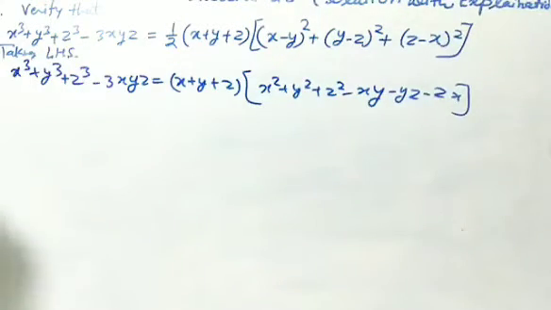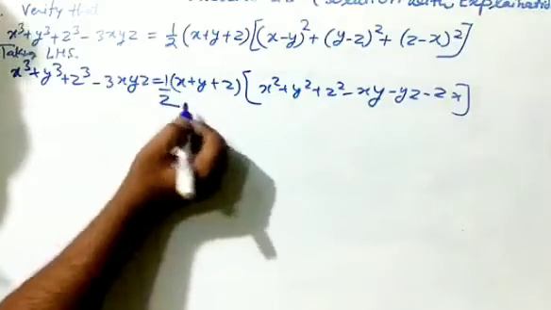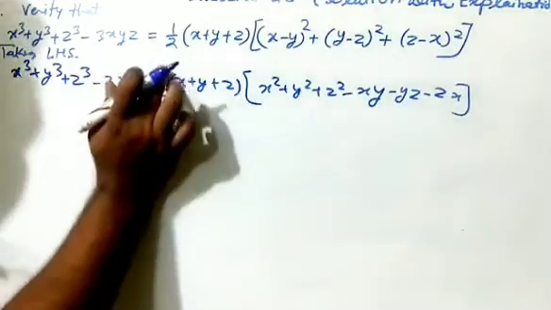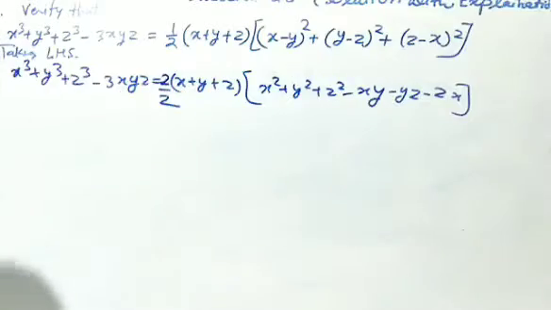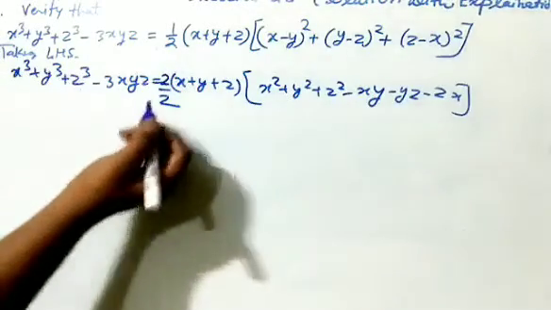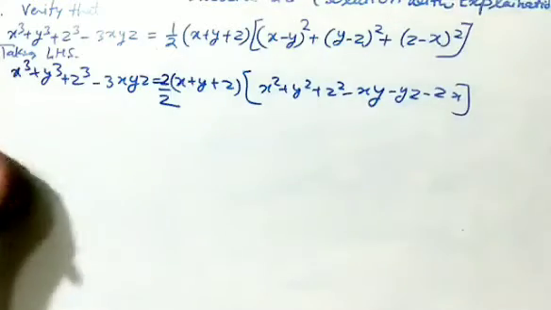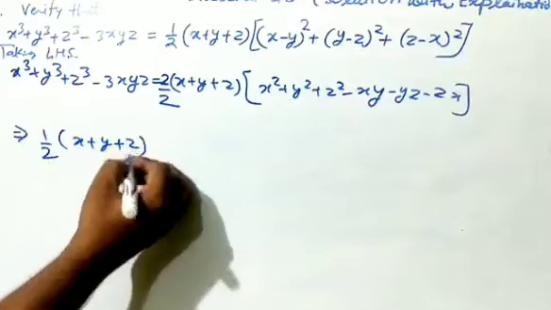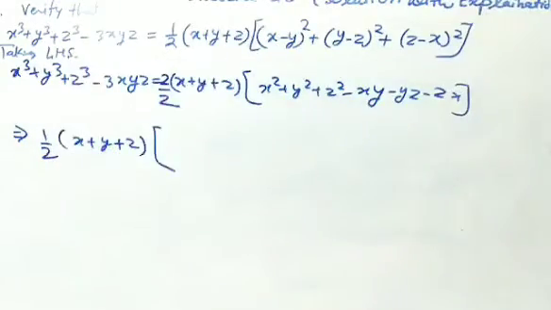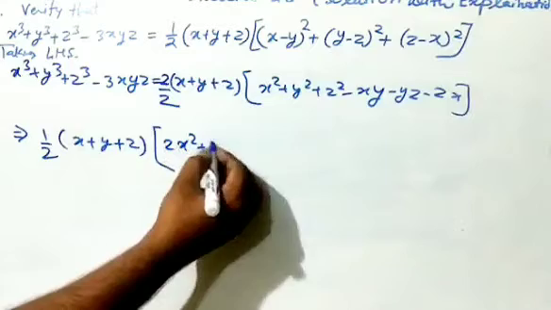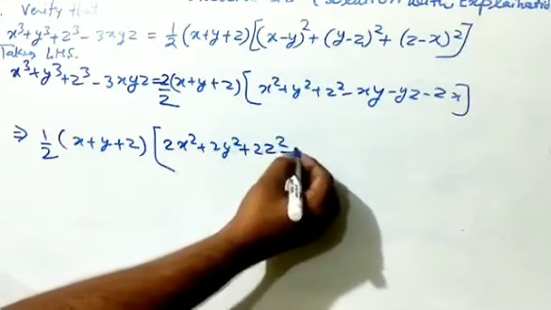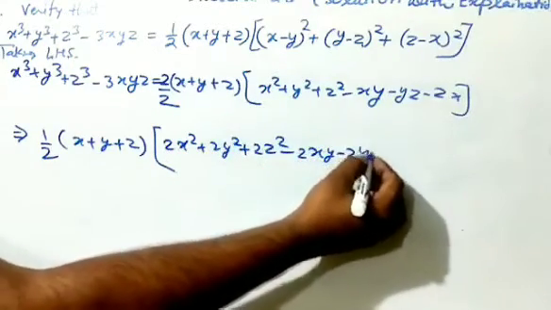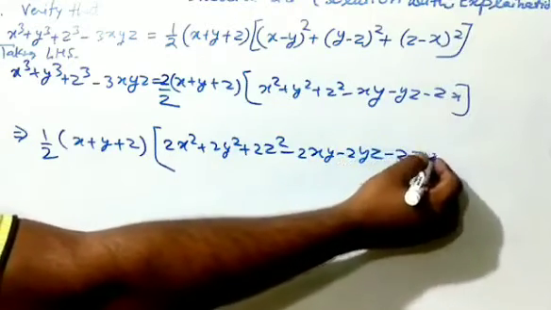If you see the RHS, we need 1 upon 2. So I am writing 1 upon 2 divided by 2, but it is imbalanced. So for balance we multiply by 2 and divide by 2. That is balance. So the part we require in the proof section we write in separate form, means 1 upon 2, x plus y plus z written here, and 2 inside the bracket multiplied: 2x square plus 2y square plus 2z square minus 2xy minus 2yz minus 2zx.